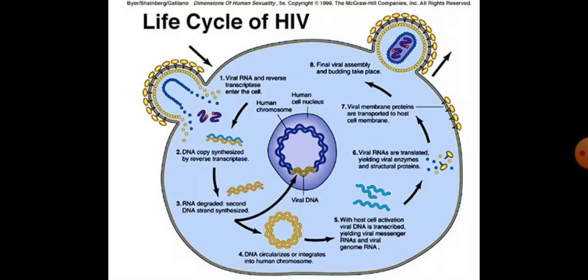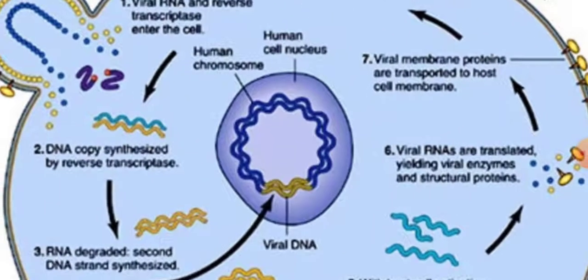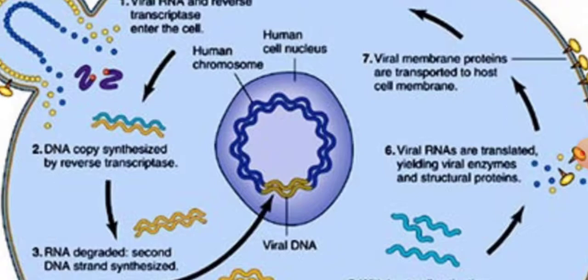So in the sixth step, you can see viral RNAs are translated, yielding viral enzymes and structural proteins. Some spike proteins are also synthesized on endoplasmic reticulum of the host cell, and when these are processed in the Golgi complex, they are transported to the cell surface membrane, and these will be used in the formation of new envelope.